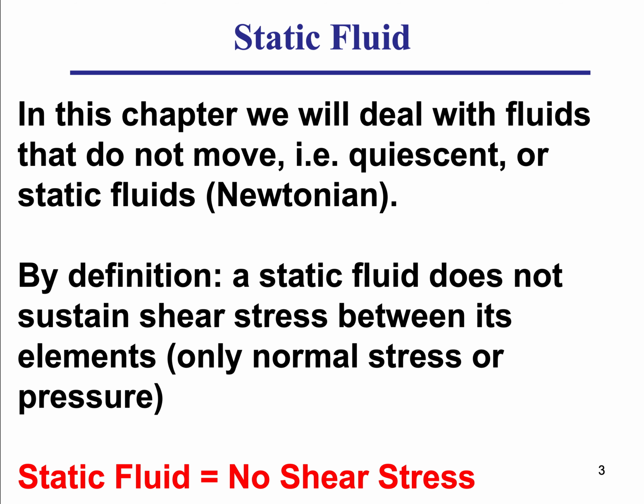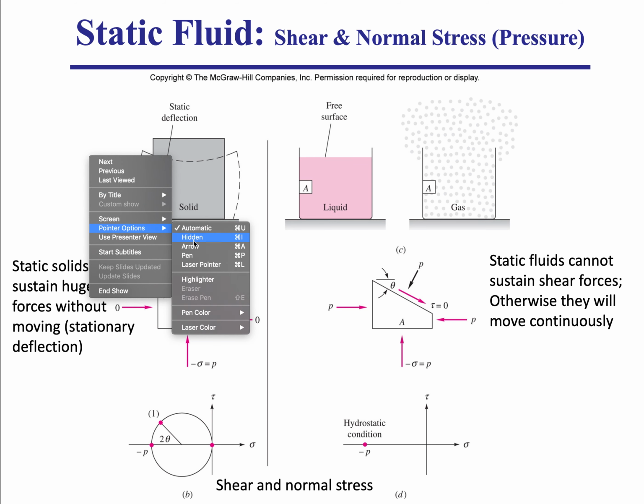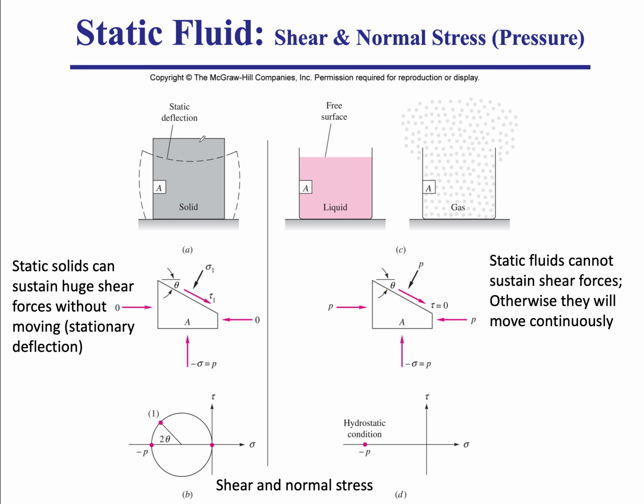So, by definition, a static fluid does not sustain any shear between its fluid elements. If you look at, remember we did this slide before, a solid under deformation, and you take a free body diagram, you take a cut and expose the stresses inside the object, on a Mohr circle, a normal stress, shear stress circle, you'll see that you can have both a normal component of the stress and a shear component of the stress.